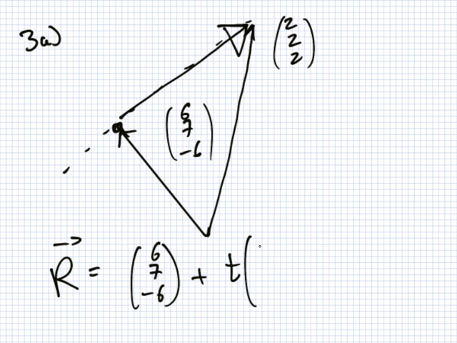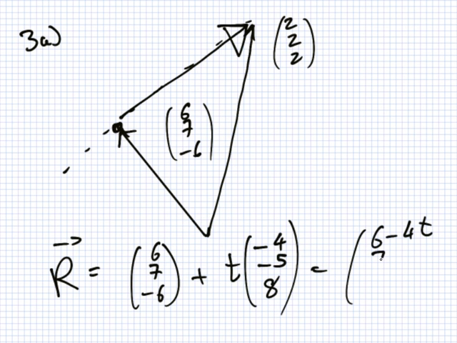Yeah, 2 minus 6 is -4, 2 minus 7 is -5, 2 minus -6 is 8. And that's the answer. No, that's the answer. This is the r. And those ones, t. Not for these ones. Later we will.